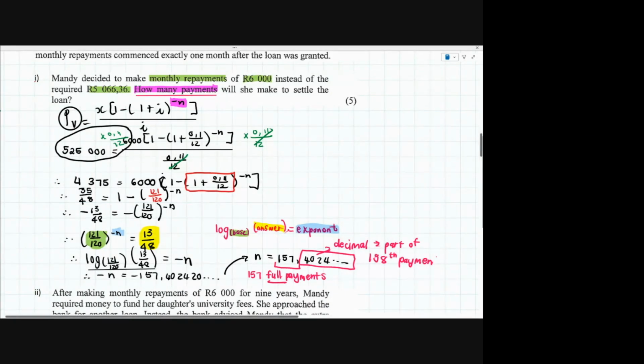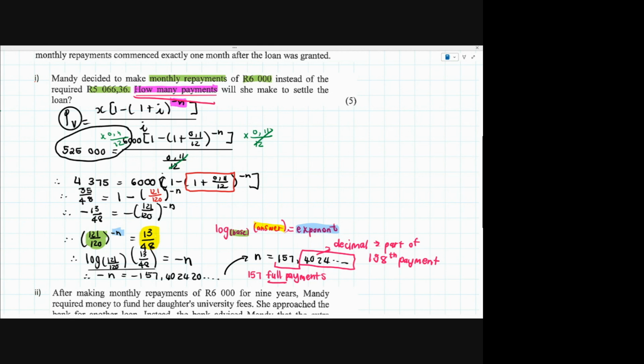And so we're going to do a little question here in a second, just so that you can understand how we could potentially work with this and what you could potentially be asked. Even though it's 157 full payments and just a part of the 158th, the question said how many payments, not how many full payments, not how many payments of 6,000 Rand, just how many payments.